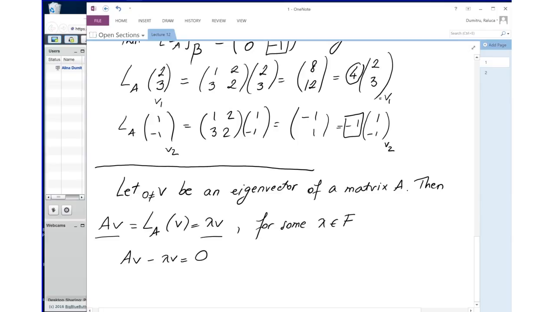Okay, I can factor out the vector V on the right. A minus lambda identity matrix n by n, all times V equals 0. I cannot say A minus lambda, right? Because A is a matrix and lambda is a number. That's why I put the identity matrix there.